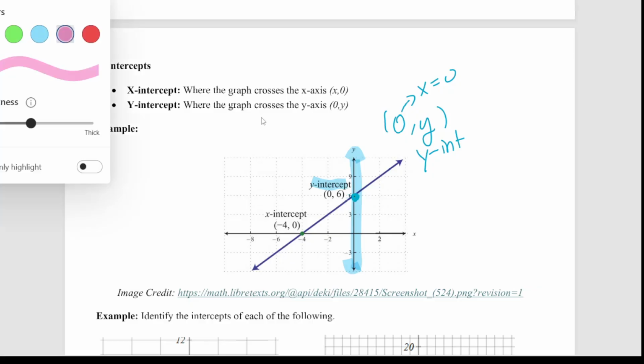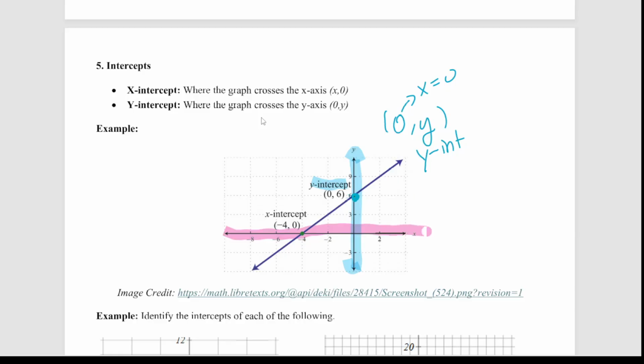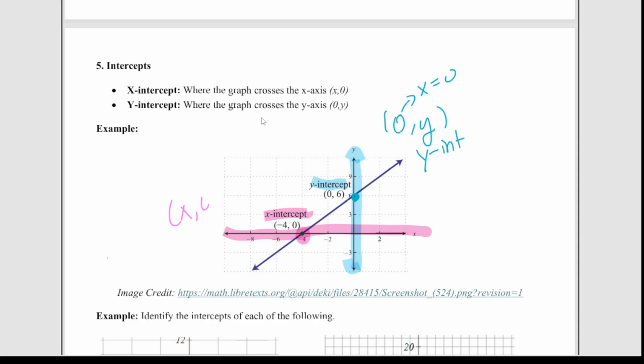Similarly, if it's going to be an x-intercept that crosses the x-axis, it's always going to take on the form of x, 0, because we are an x-intercept crossing that x-axis. So in that case, y is always equal to 0.